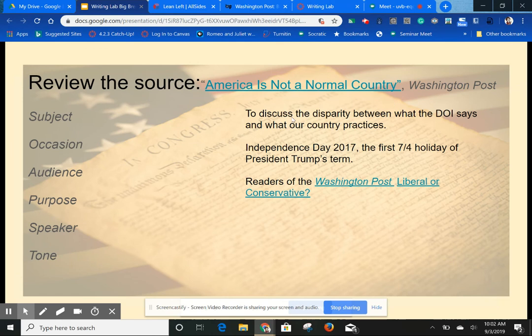So after reading this, what do you think was Gerson's purpose? And remember, it's going to be either inform, persuade, or entertain. It could be a combination. Inform. Okay. Inform who of what? Inform the people of the actual role of the DOI.